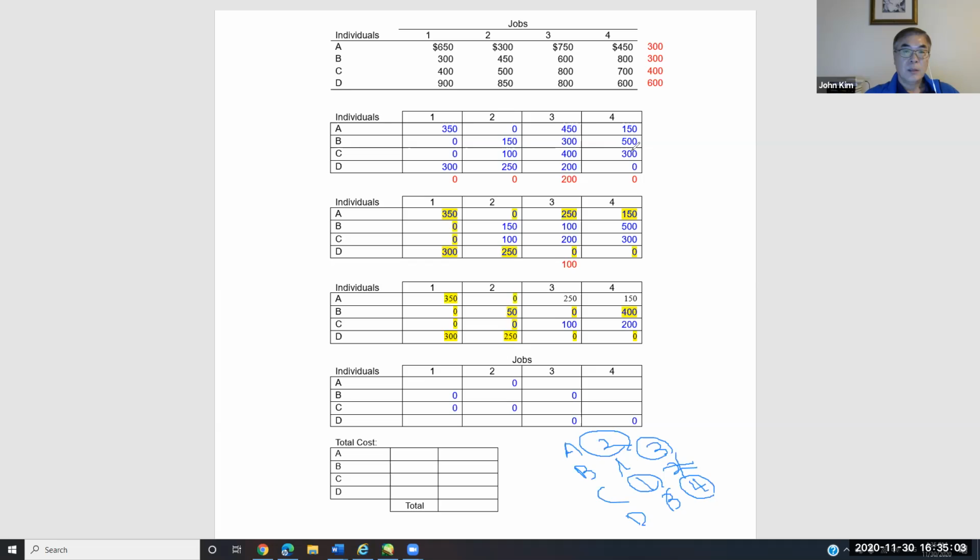So A2, B3, C1, D4, and then cost from the original table: A2 is 300, this one. B3 is 600. C1 is 400, this one.